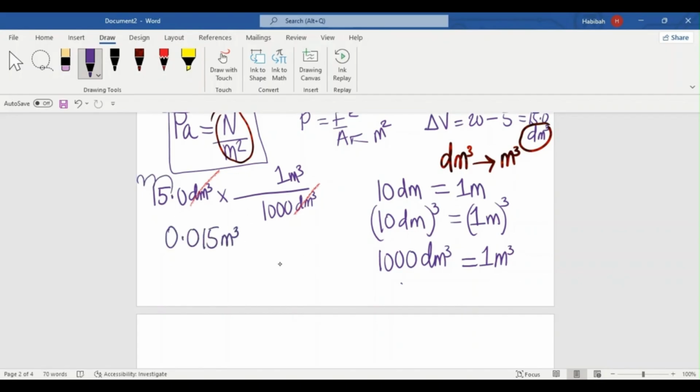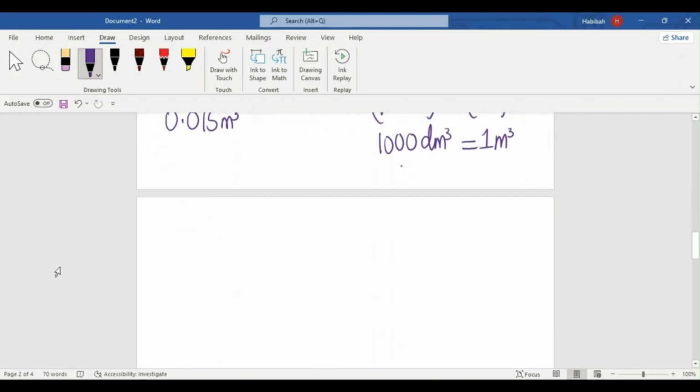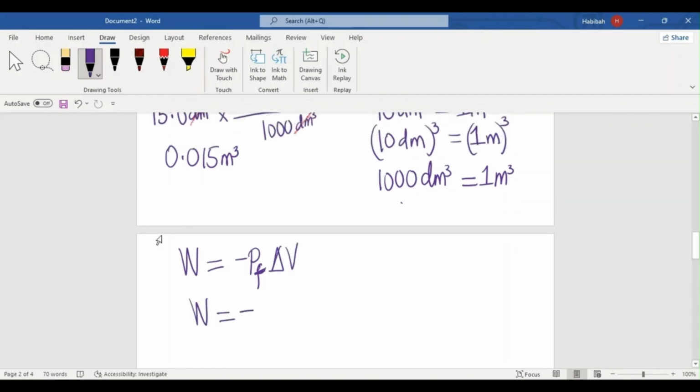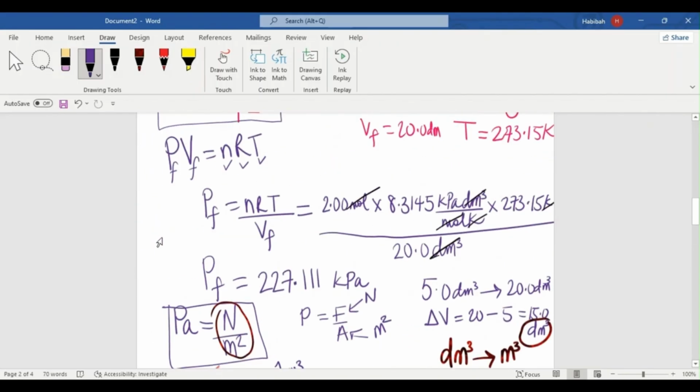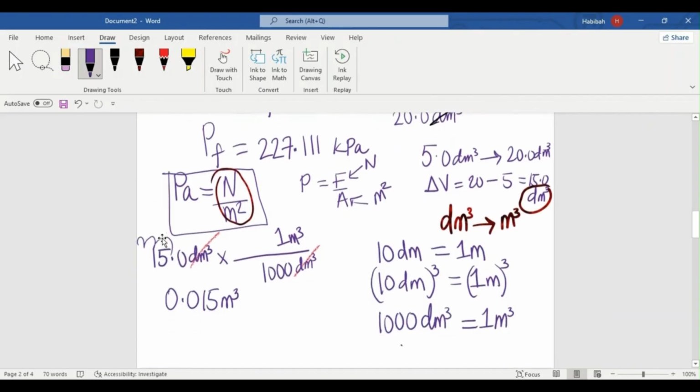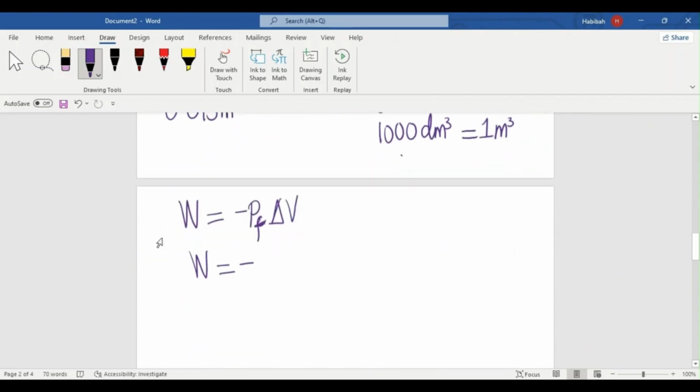So now this is what we're going to use when we're solving our question. So going back, we see that work done is equal to negative P external or P final, okay, change in V. So that would be work done equals negative, what's P final? Would it be 227.111 times 10 to the power 3?